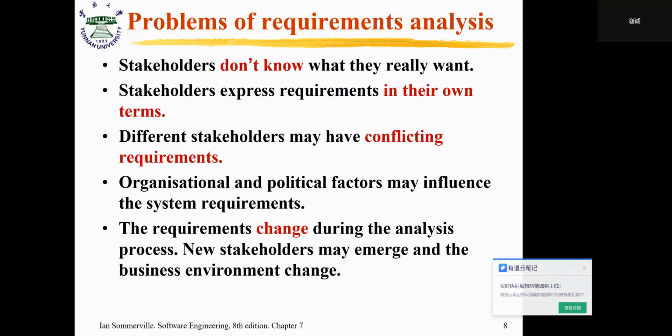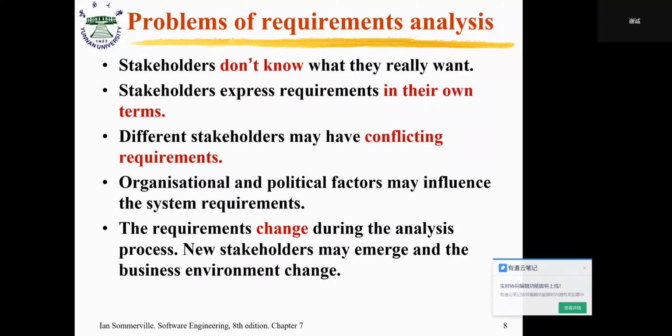This will cause inconsistent requirements, because they can only stand on their own perspective to tell you what they want. Different stakeholders may have different answers for the same functions. And different stakeholders may have conflicting requirements. You will know later, I will give you some examples.